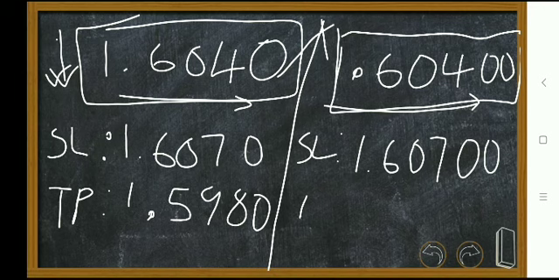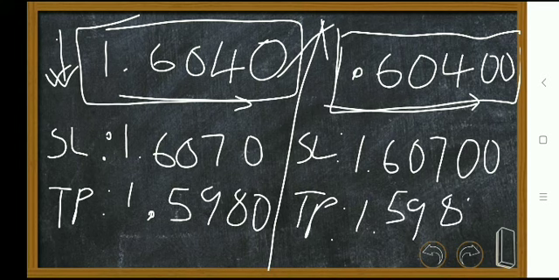Then in points it will be 1.598000, no, sorry, 1.59800. That's how you do it. You can also go to the video, I forgot which lesson it was, I think it's 2, where we dealt with pips. You'll find how we calculate pips and also points. So that's it.